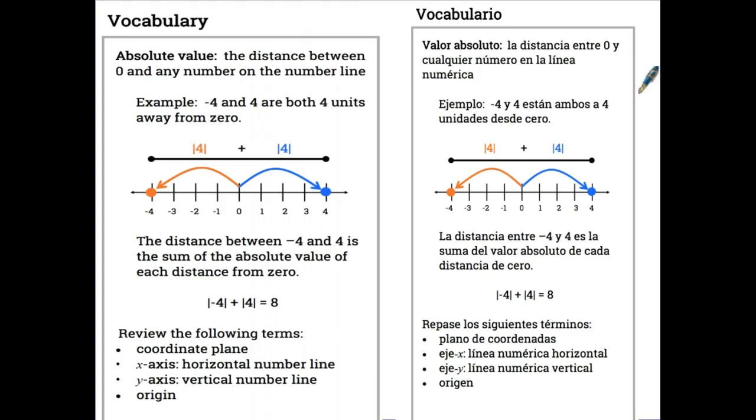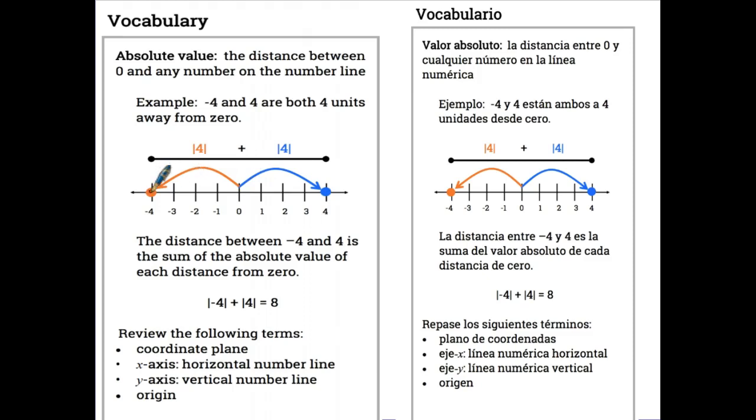So let's take a look at the vocabulary. The absolute value, the distance between 0 and any number on the number line. And they're showing you -4 and 4. So here, if I want to find -4, I'm going to start at 0, and I'm going to move 4 spaces to the left. If I want to find +4, again, I'm going to start at 0. I'm going to move 4 spaces to the right.